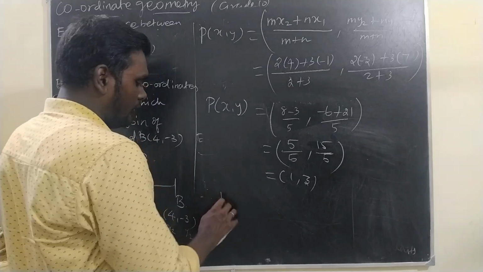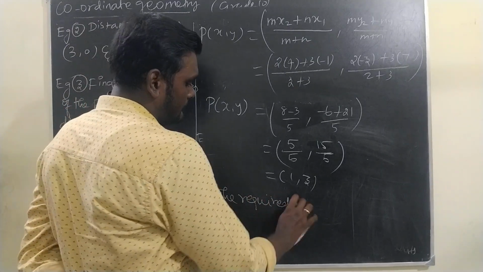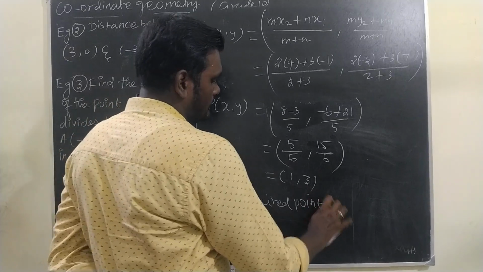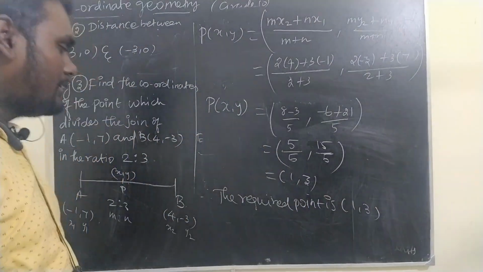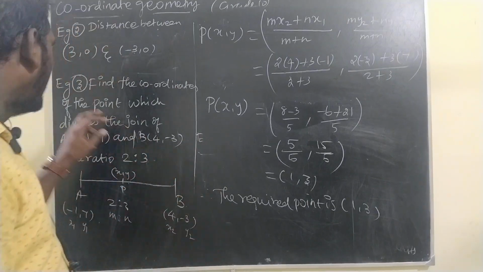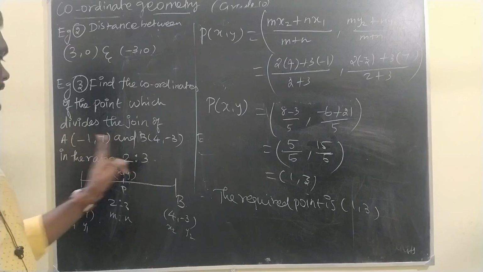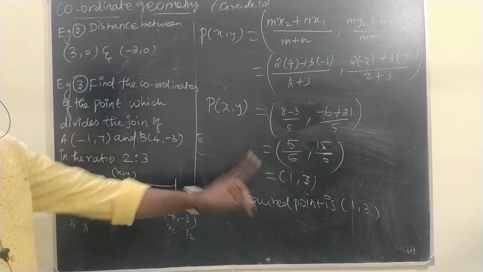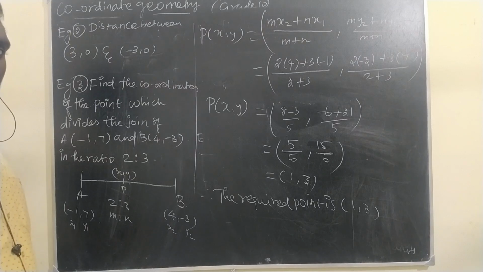So therefore the required point is 1,3. You can write like this, or else as per the context of the question. Therefore, the point which divides the join of this in the ratio 2:3 is 1,3. Likewise, you can write. But the therefore statement should be there.